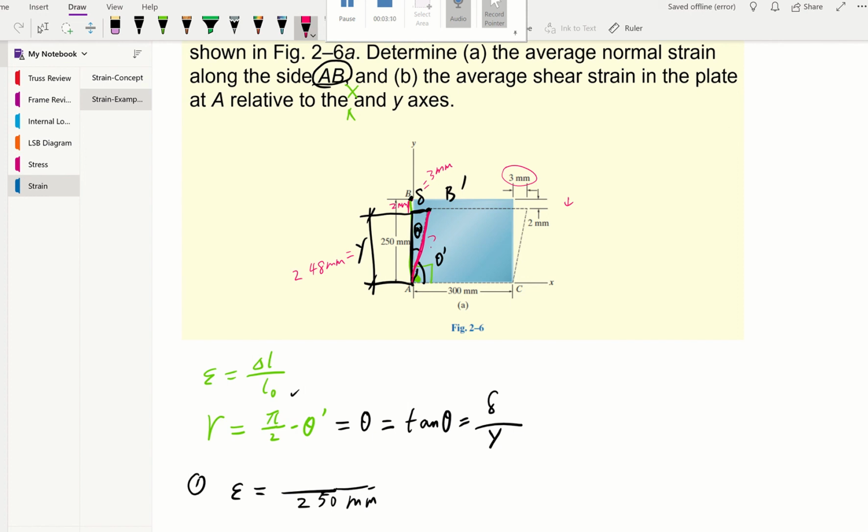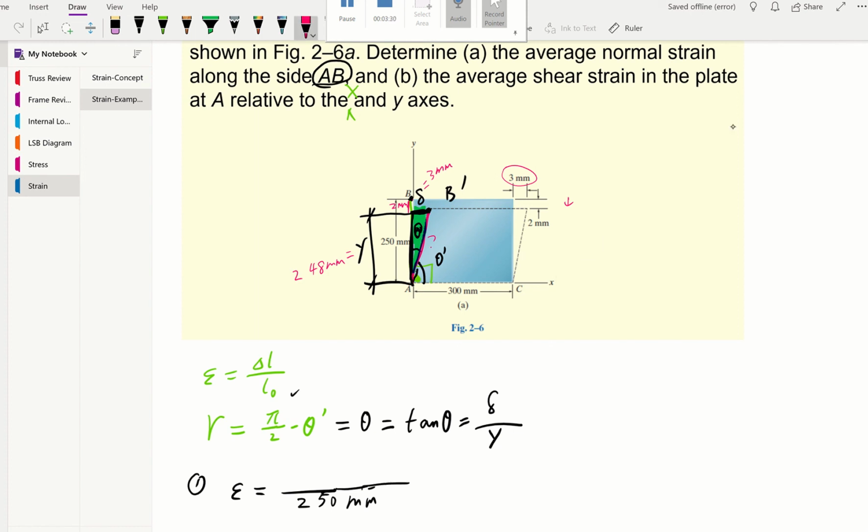So knowing those two, can we figure out this hypotenuse? If we're looking at this triangle here, we know our delta is 3. We know the height here is 248. Then we can use the hypotenuse to figure out the final length.